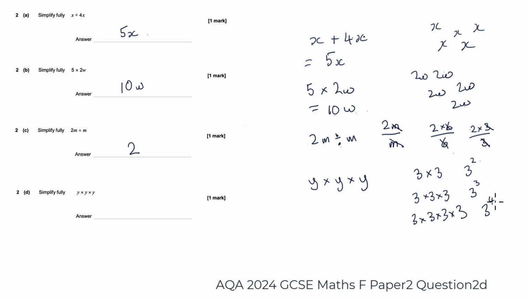The little number up here, the index, the power, tells you how many of these things to multiply together. So in this case, we're taking 3 lots of y and multiplying them together, so we'd have a little 3 up there. It's y cubed, or y to the power 3. 3 lots of y multiplied together.